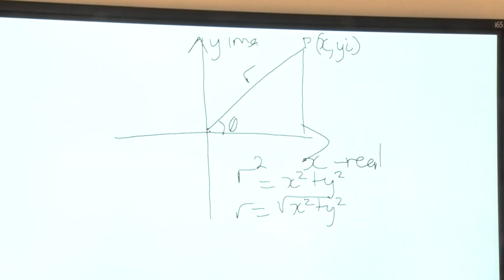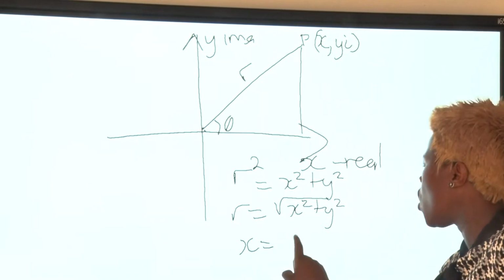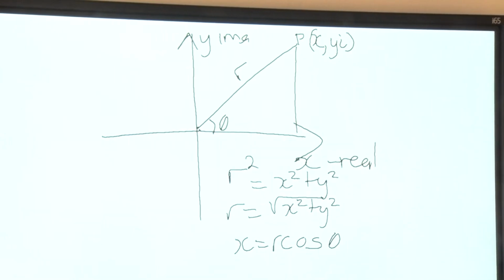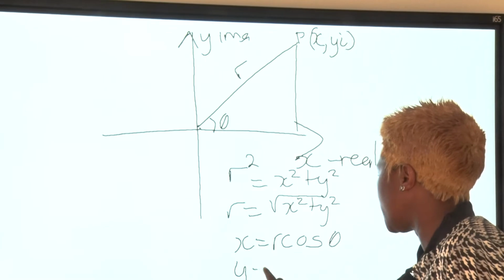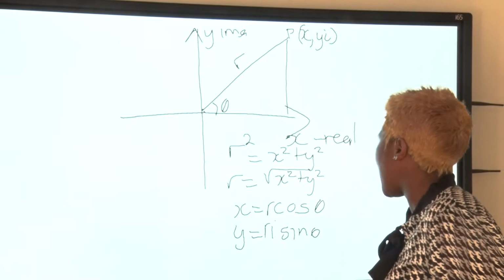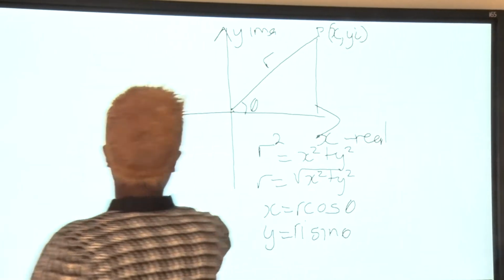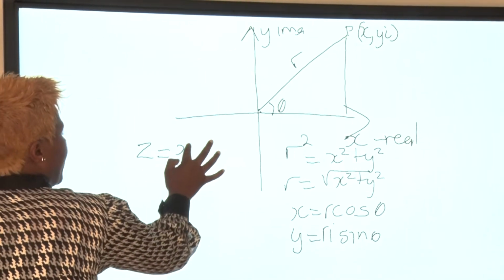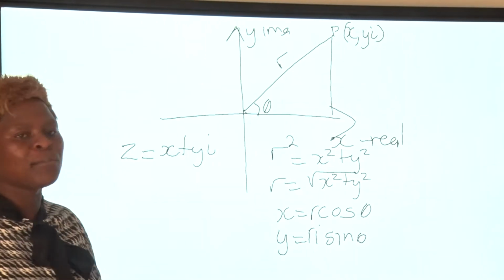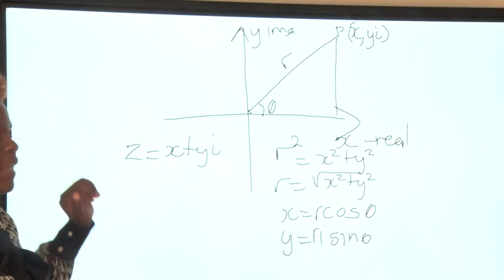It is believed that in trigonometrical ratios, x is equal to r cos theta, and y is equal to r sine theta. Our complex number is denoted by z is equal to x plus yi. So we have to substitute the values for x and y in our complex formula.